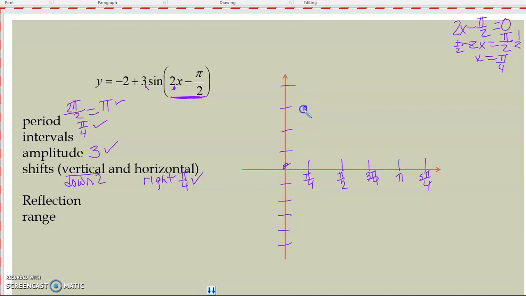So we're going to start this with an amplitude of 3. Here's our sine wave. Okay, we have to go down 2. So we're going to shift everything down 2, every mark. Okay, and we didn't have a reflection. This is our new graph. That makes our range -5 to 1.